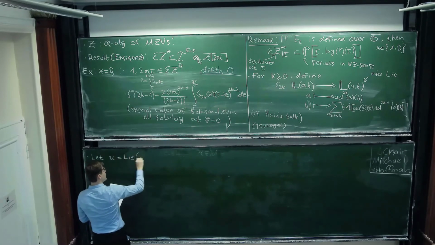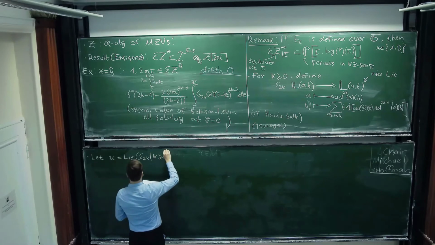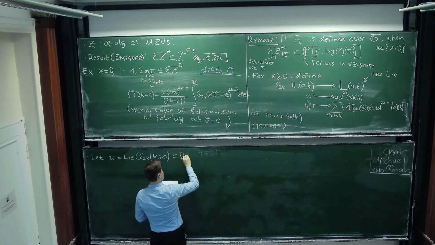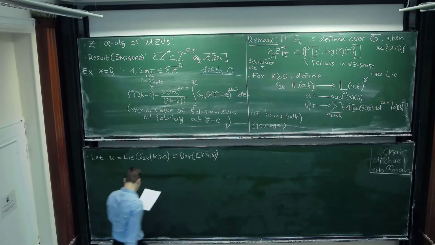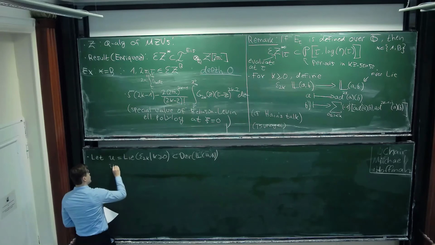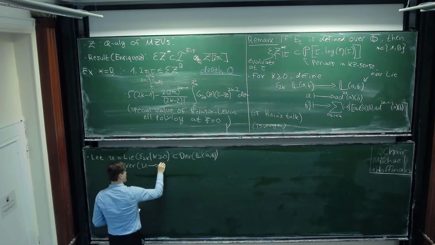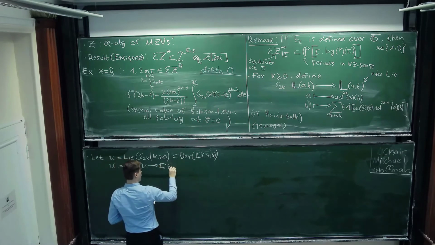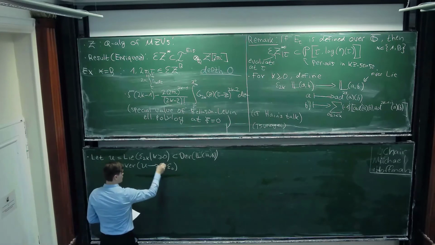Little u is going to be the Lie algebra generated by the epsilon 2k inside all derivations on the free Lie algebra. And u prime is going to be the kernel of the projection onto epsilon 0, which is some Lie ideal.